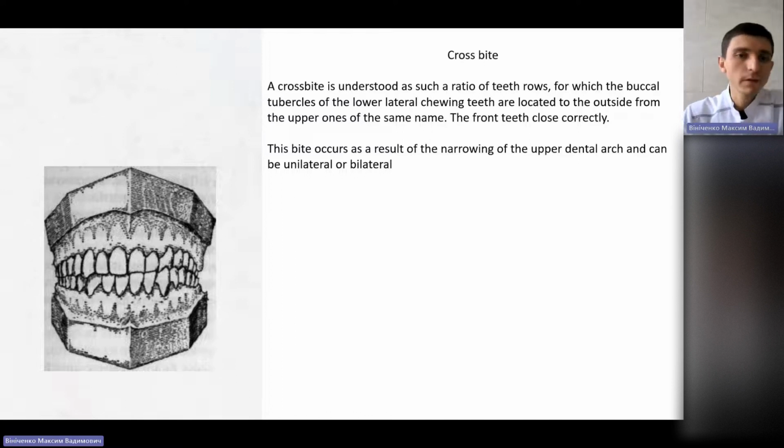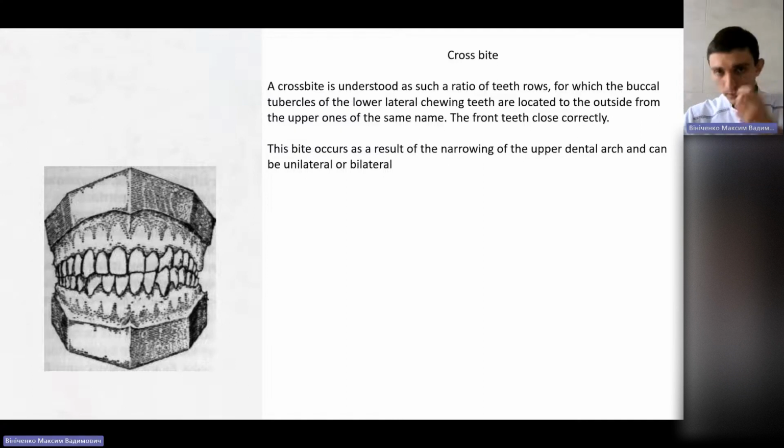If we see this ratio, we say that this is a crossbite. And if we see this ratio, where the upper molar contacts the lower molar at only one point, we say that this is a scissor bite.